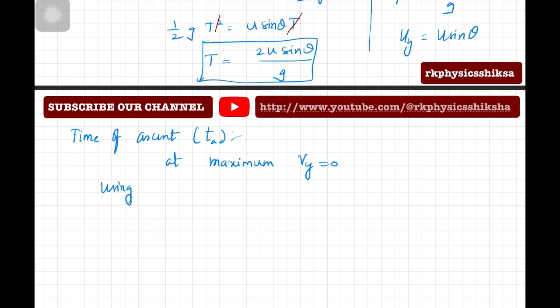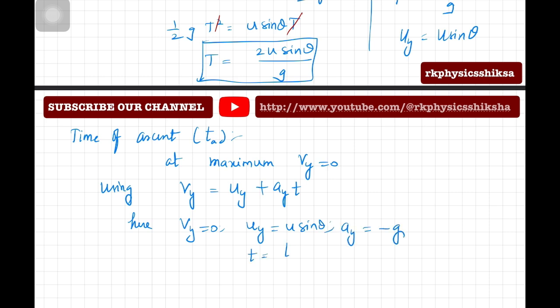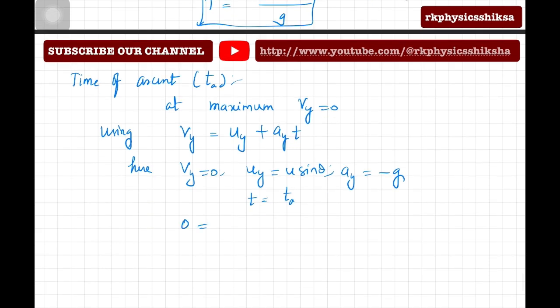Using the equation Vy is equal to Uy plus Ay into T, Vy will become 0, Uy will be equal to u sin theta, Ay is always acting downward, which is minus g, and time T is Ta. Here 0 is equal to u sin theta minus g Ta, and the time of ascent Ta is equal to u sin theta by g, which can also be written as Uy by g.